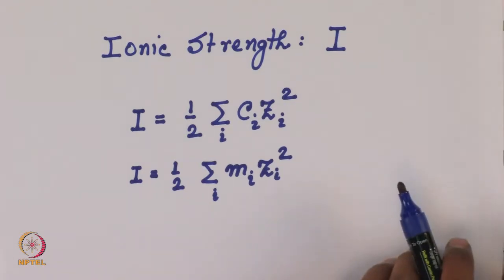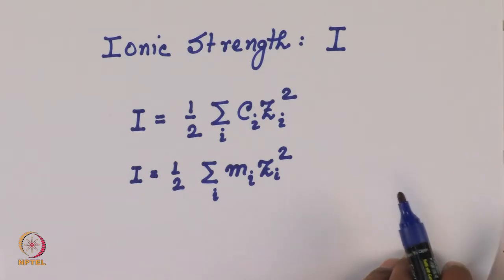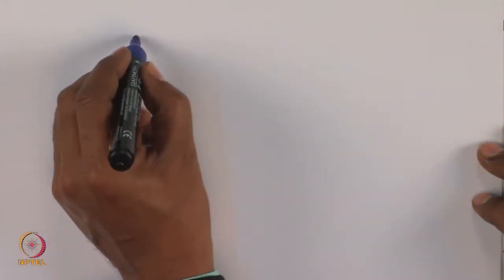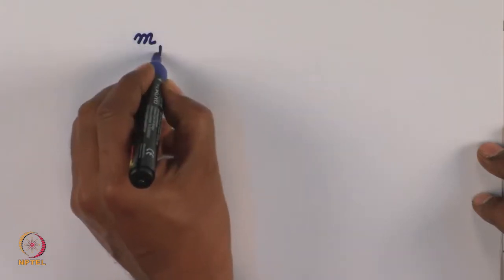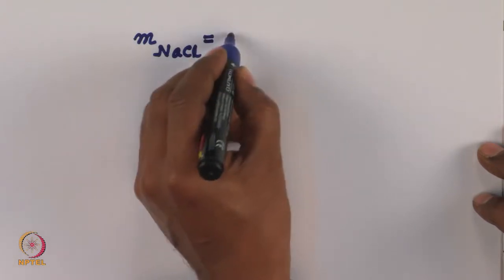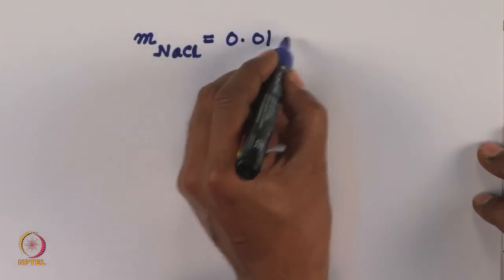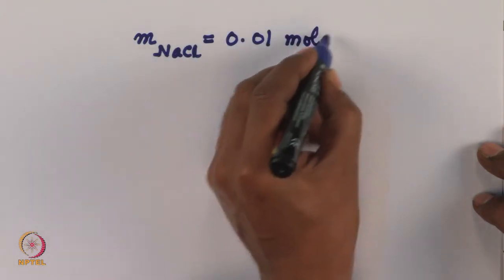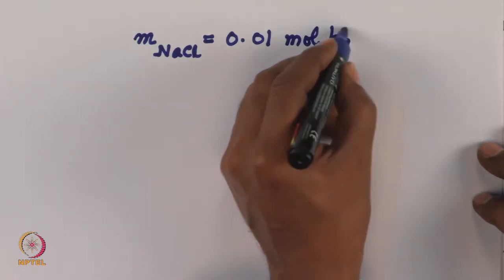Right? Now, suppose you have only sodium chloride in solution, let's say the molality of sodium chloride is 0.01 mole per kg.